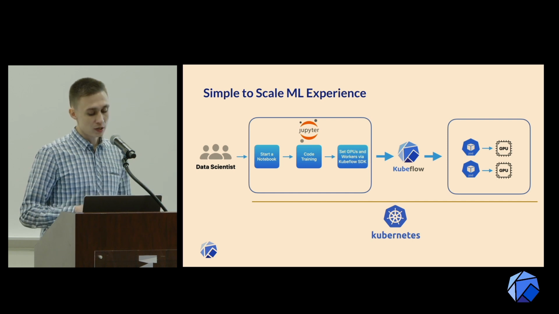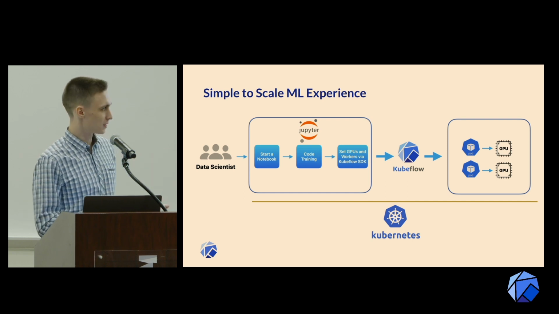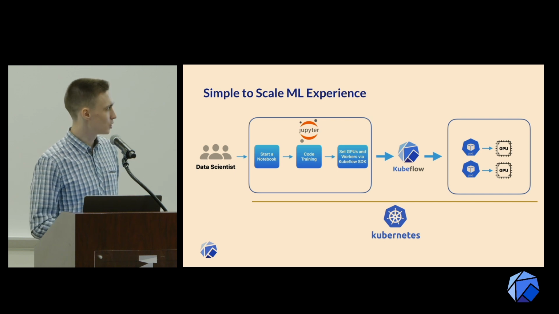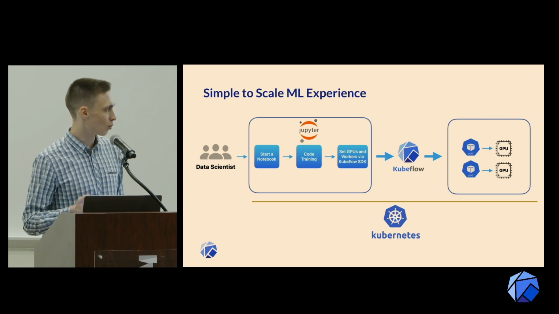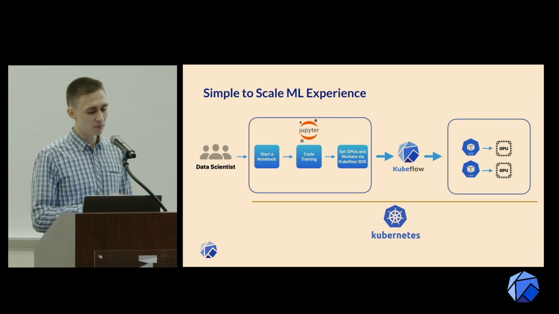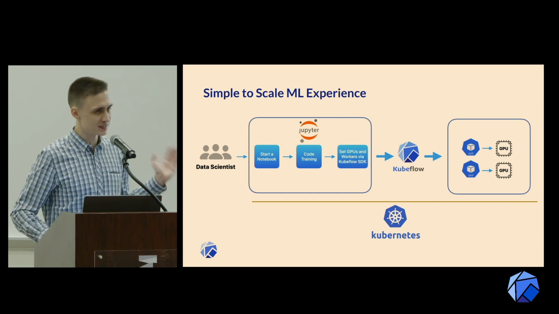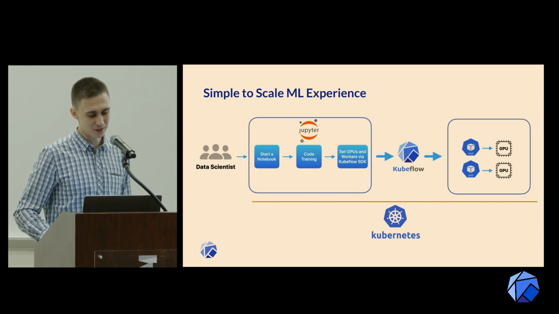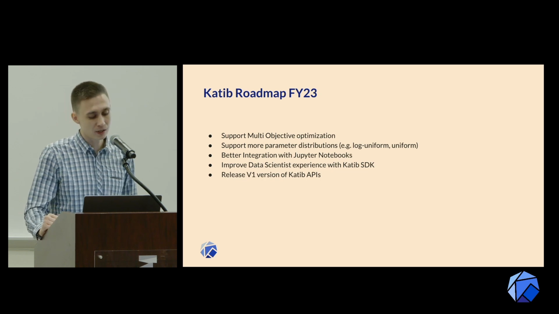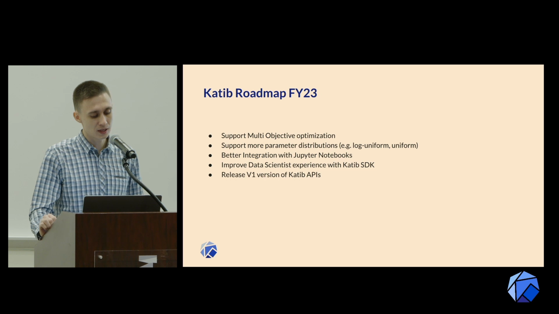So the user only interacts inside Jupyter and doesn't need to worry about resource allocation or Kubernetes autoscaling setup, or how to set up your Kubernetes cluster, and can focus only on the science, as I mentioned, not on the DevOps things.